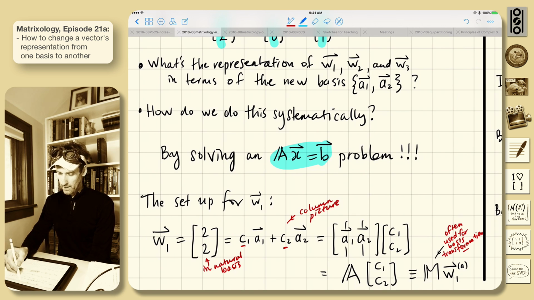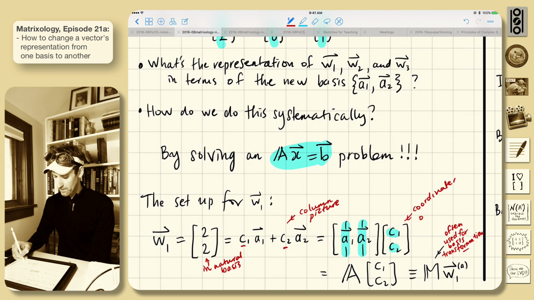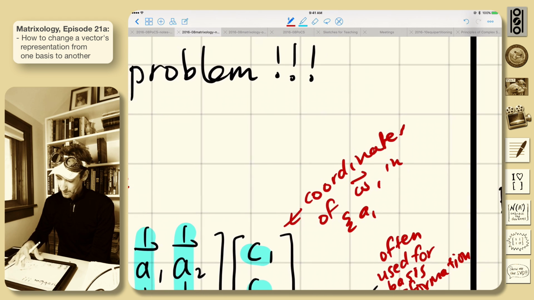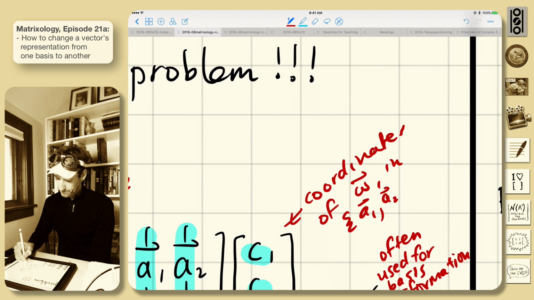And so we can stack the two vectors. This is our new basis, and these would be the coordinates of W1 in the new basis, in the A1, A2 basis.